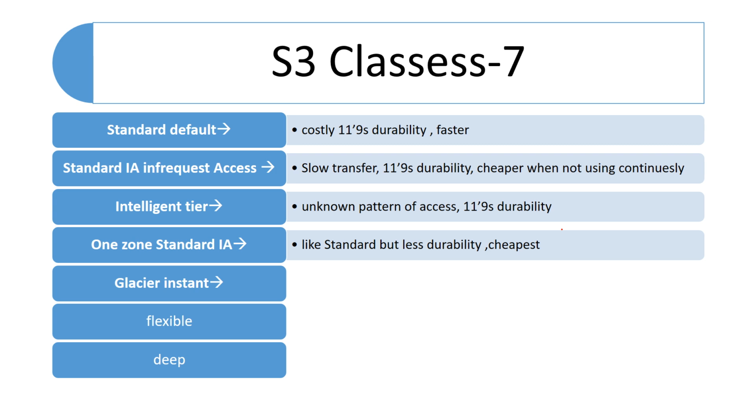If you want to store data for a long duration, like 1 year, 6 months, 2 years, you want to store it and just forget. You want to take it back only when something happens to the original data. Nobody is accessing the data, just keeping it. If something happens to my primary data, then I'm going to access it. That time, I choose Glacier. It can be Instant, Flexible, or Deep.